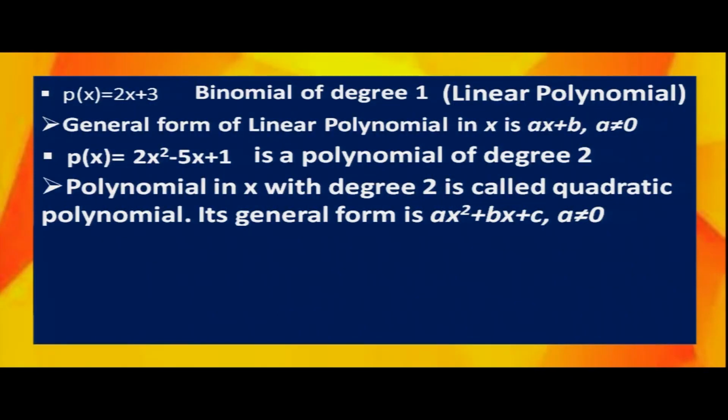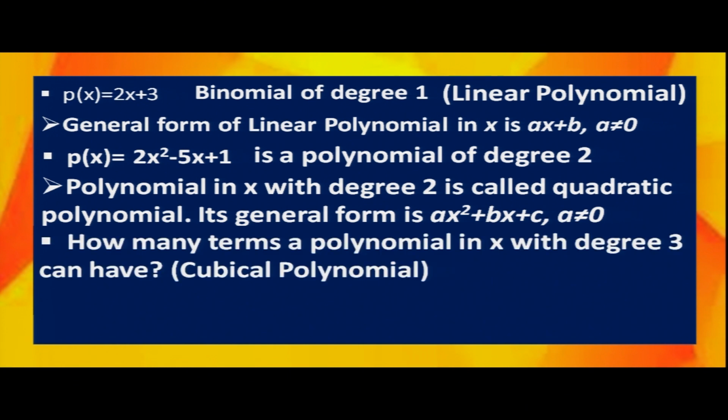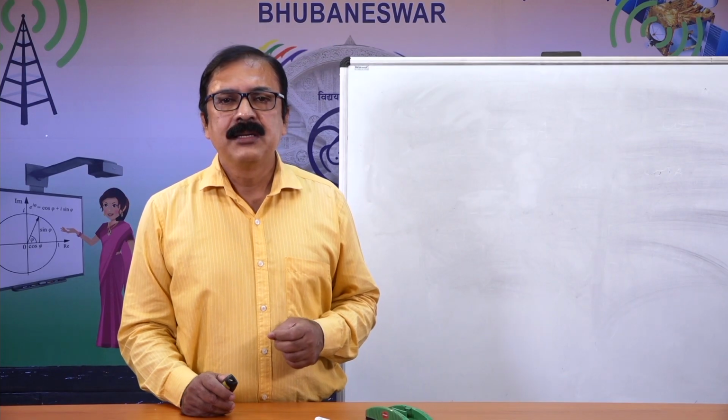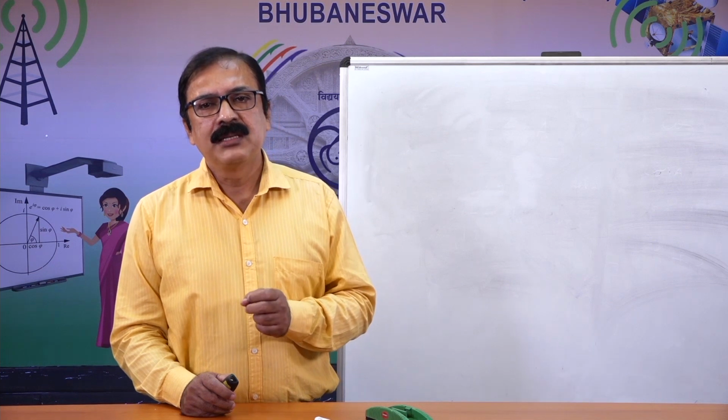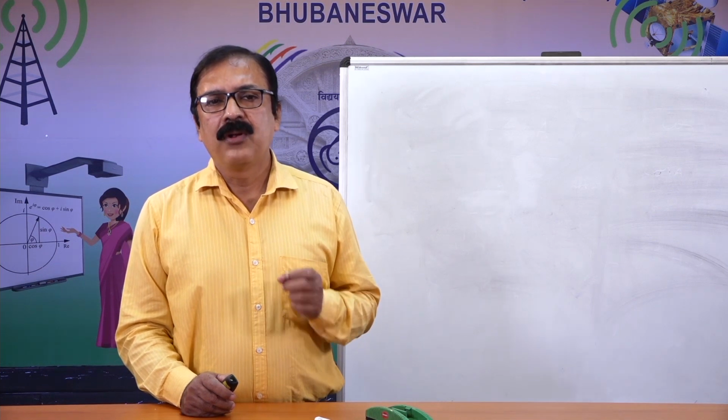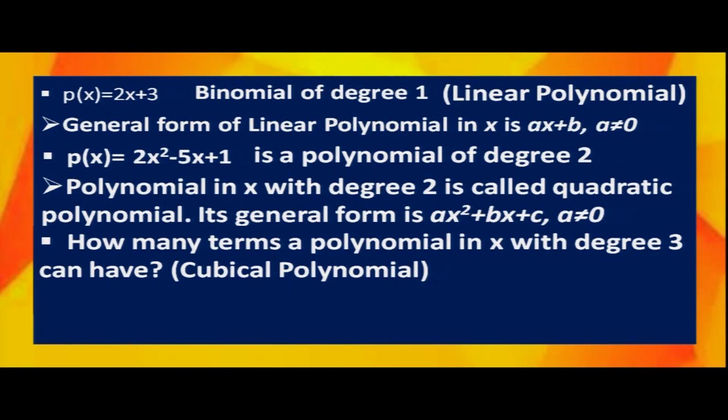Now, by studying these two, we can say how many terms a polynomial in x with degree 3 can have. If the degree of the polynomial is 3, then the polynomial is called a cubic polynomial.